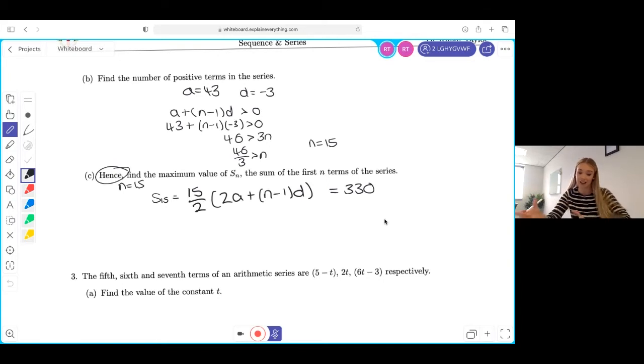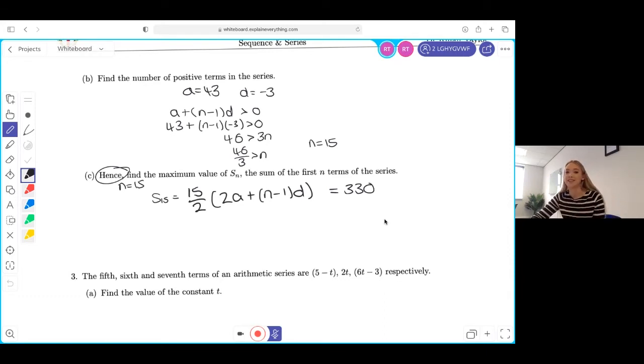You can check that if you do the sum to n terms of the first 14 terms and then the first 16 terms and see if the sum of your 15 terms is the maximum. So you should get 330 for that one.